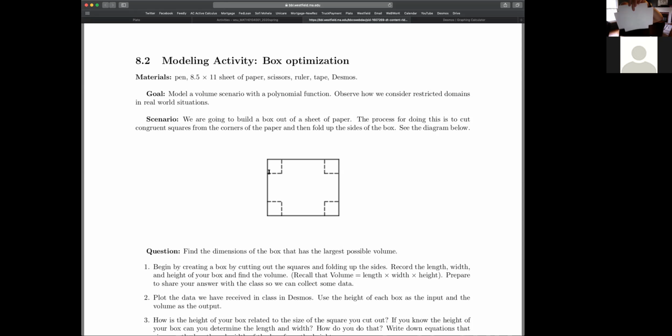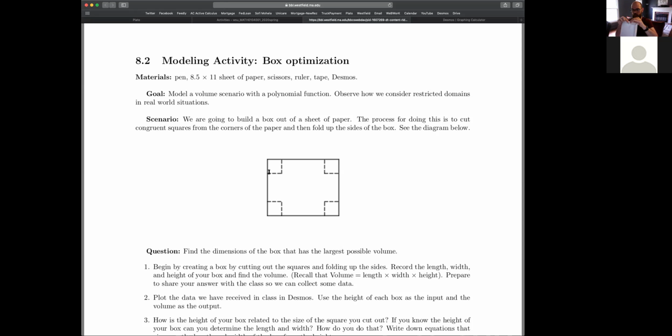This would be the base of my box, and if I fold along this line that was created right here, you can see that this flap will then pop up, and this is one of the sides of my box.